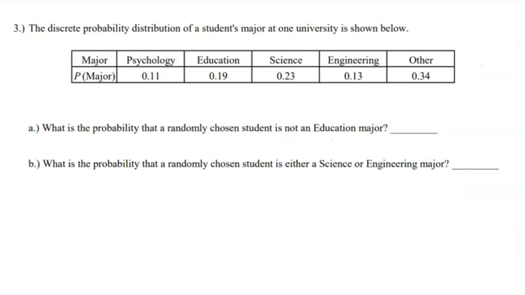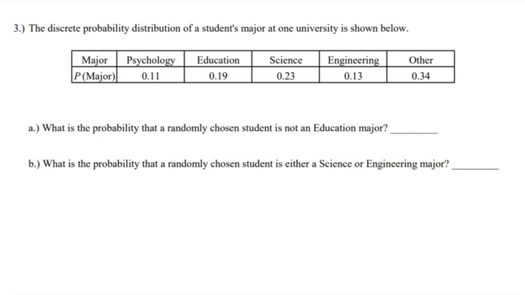All right, so you can see we've got this discrete probability distribution right here, and like I said, we're going to talk about those in chapter 4. The discrete probability distribution of a student's major at one particular university is shown below. We're assuming that none of these students have more than one major, that they're picking just one single major.